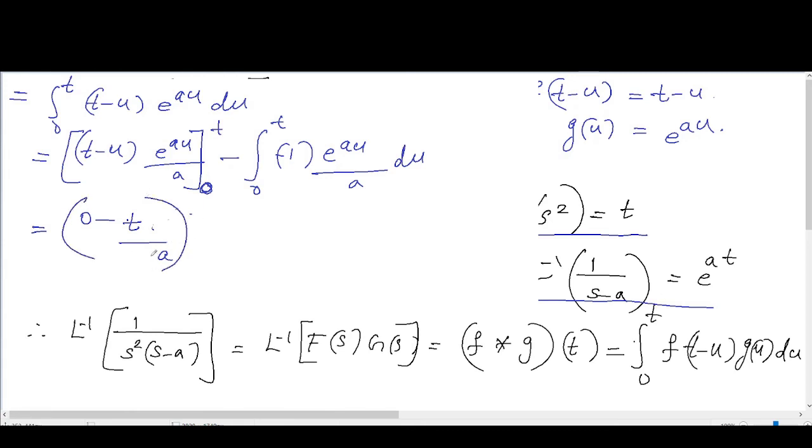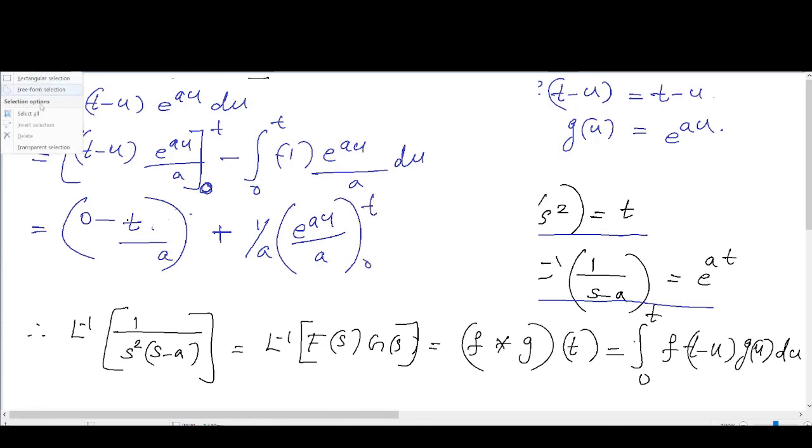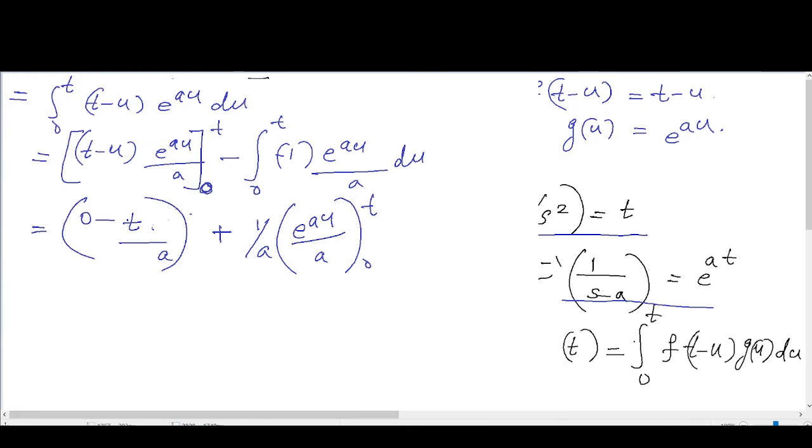0 minus t by a, then minus plus, then 1 by a constant, then integral e raised to au, that is e raised to au divided by a from 0 to t. Now that is equal to minus t by a plus 1 by a square into e raised to at minus e raised to 0.